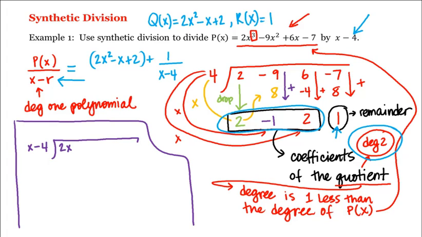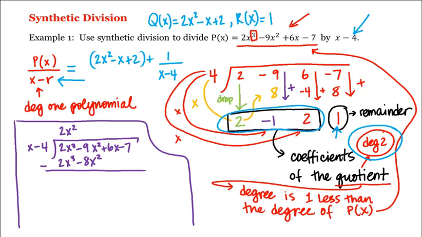So we'll be dividing p of x by x minus 4. Now x goes into 2x cubed 2x squared times, and 2x squared times x minus 4 is 2x cubed minus 8x squared.